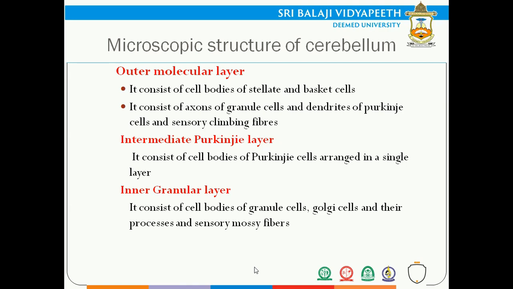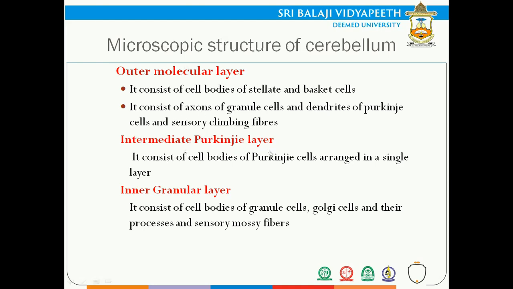So the Purkinje cells become a very important cell for identification of that outer molecular layer: presence of the dendrites of Purkinje cells and stellate shaped cells. Stellate means star shaped cells are present in the outer layer. So the outer molecular layer has the cell bodies of stellate cells, basket cells and axons of granule cells, dendrites of Purkinje cells and sensory climbing fibers.